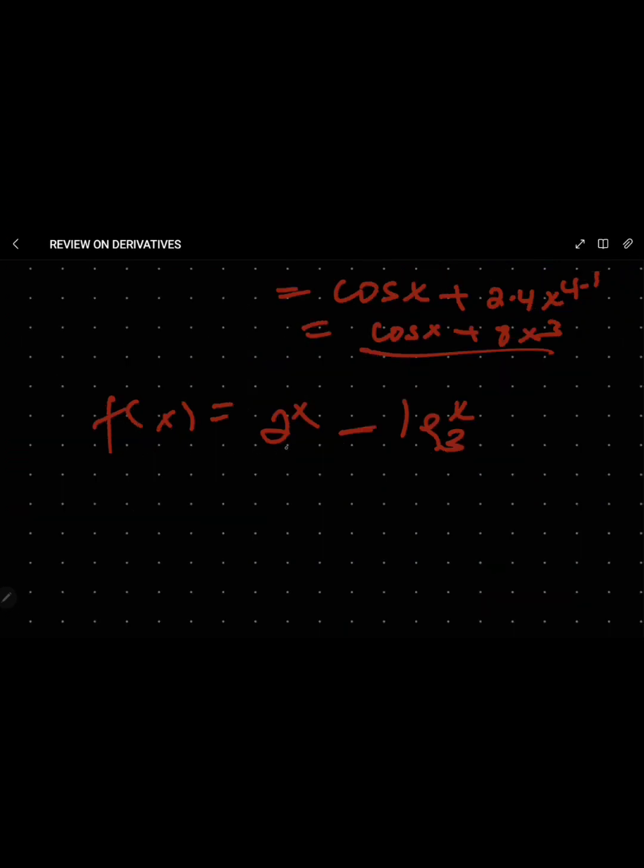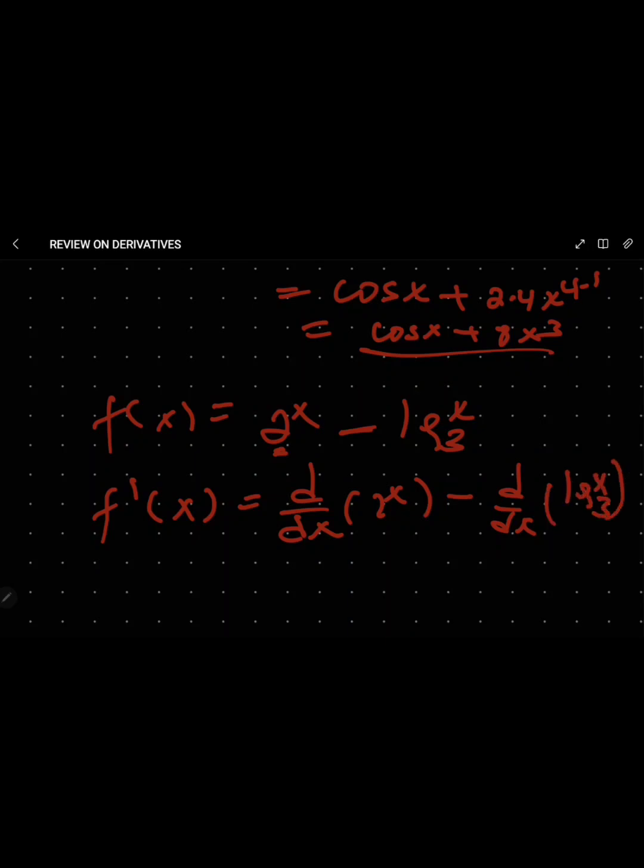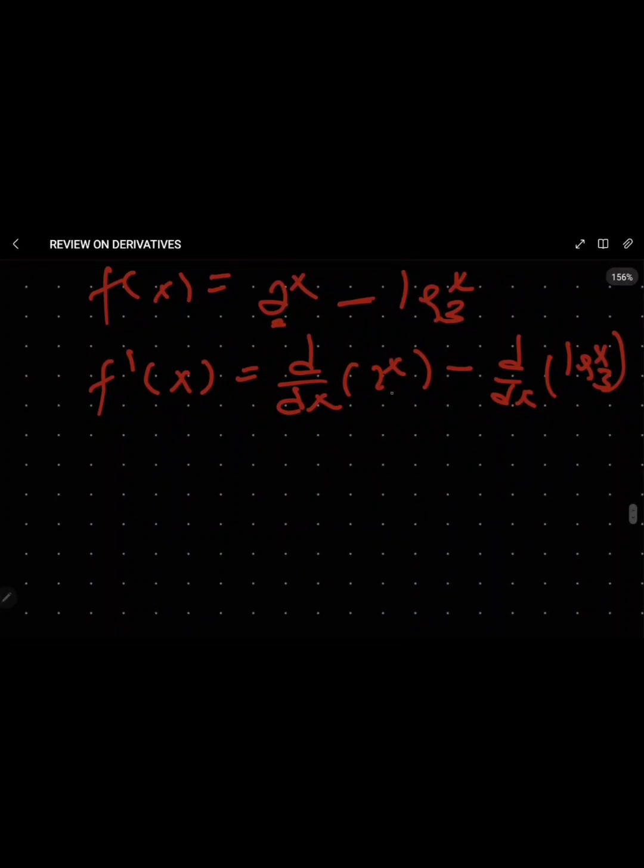Now we have another example. If you are given a function f of x equal to 2 to the power of x minus log x to the base 3, you can take d per dx of 2 to the power of x minus d per dx of log x to the base 3. It's very easy to get the derivative of an exponential function like this.